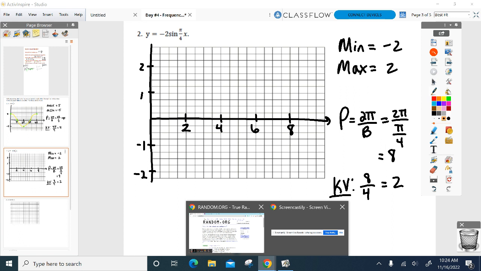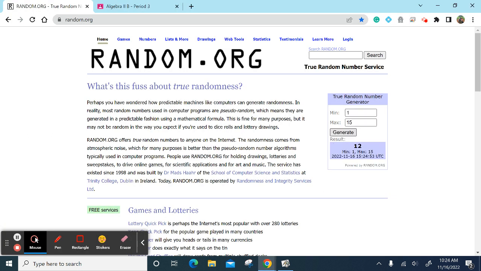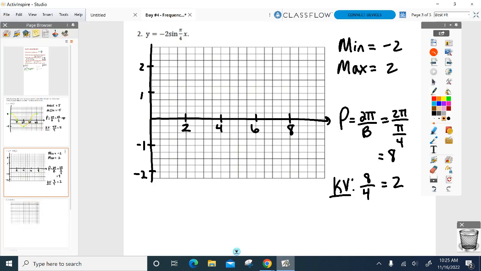All right. 12. You ready, Sydney? You're going to just kill this. Tell me something about the sine curve. Starts at the midline, which there is none. Then goes to where? The minimum. Somebody might be saying, "She's wrong, it goes to the max."